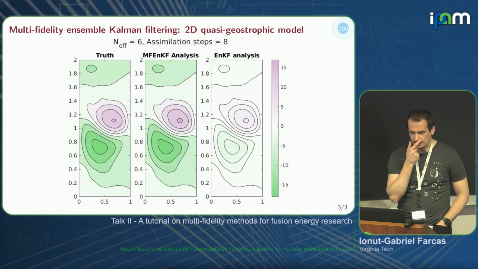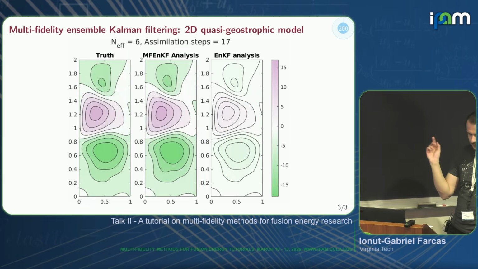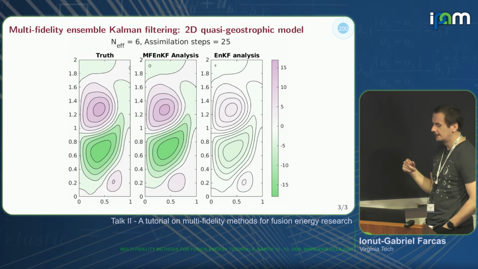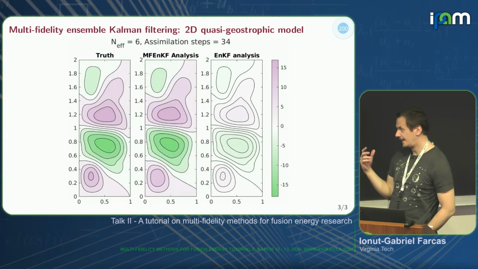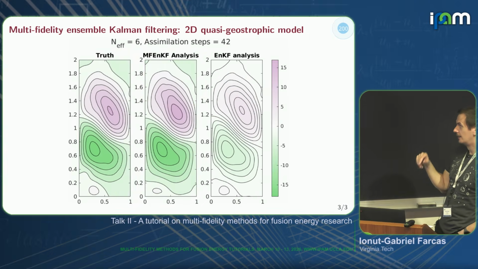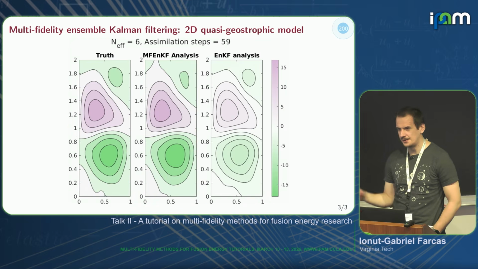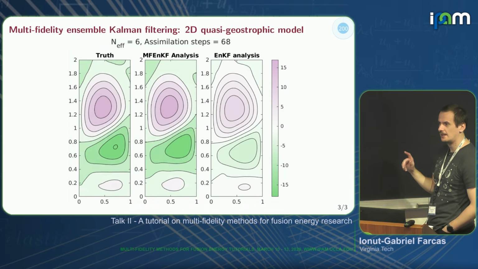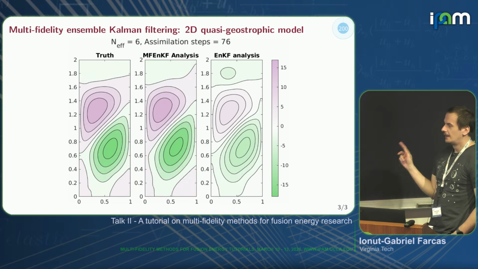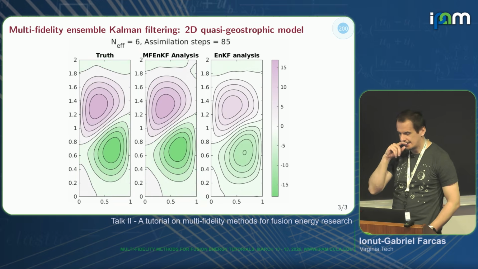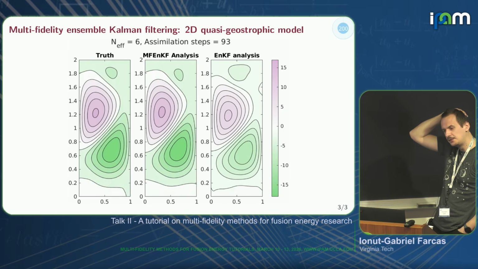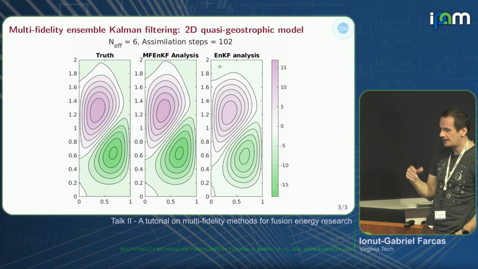And just to show you an example of some of the stuff that we are doing now, this is multi-fidelity ensemble Kalman filtering estimation of the state for the two-dimensional quasi-geostrophic model, which for the physics folks is similar to the Hasegawa-Mima model. What I show here is the estimation of the state using the multi-fidelity method in the center.